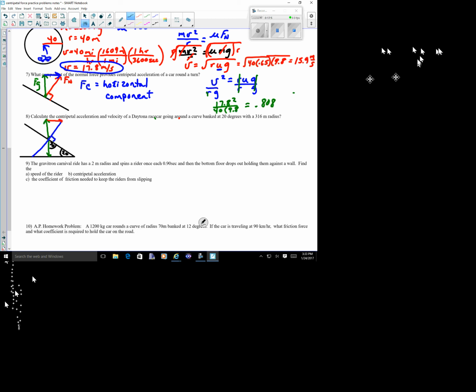Well, I want you to follow the green line up. The black line makes a right angle with the blue line. Well, if that's a 70-degree angle, then this must be a 20-degree angle.